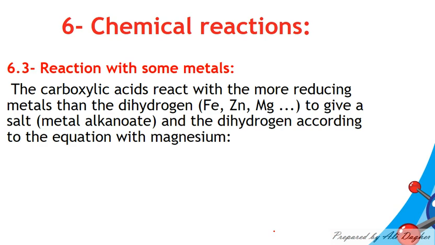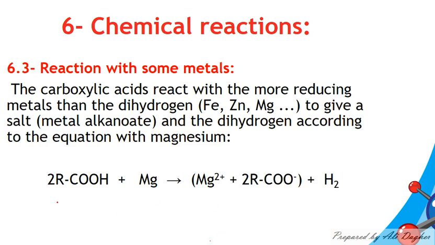All the metals that are below the couple H plus/H2 in the electrochemical classification can react with carboxylic acid. General reaction with Mg: 2 RCOOH plus 1 Mg atom. Mg is transformed to its ion Mg2 plus. 2 plus needs 2 minus, so we need 2 carboxylic acids, and 2 H plus are reduced into H2.